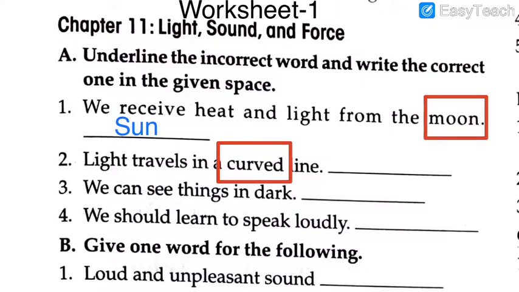So straight should be the answer. Let me write the answer here. Straight. Light travels in a straight line. This should be the correct statement. Hope you are writing it with me, or I should even hope that you are writing it before me.